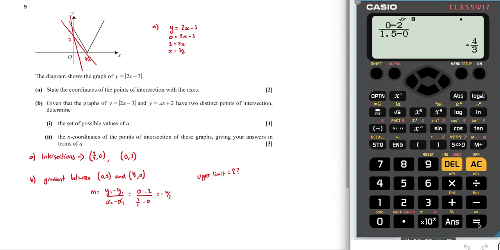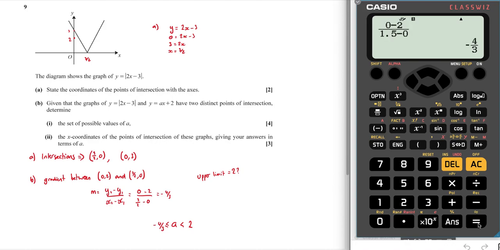So we have our 2 values. So the possible values of a: a can be equal to negative 4/3, that would be fine, but it has to be less than 2, because if it is 2, it's going to be parallel, it's not going to intercept.